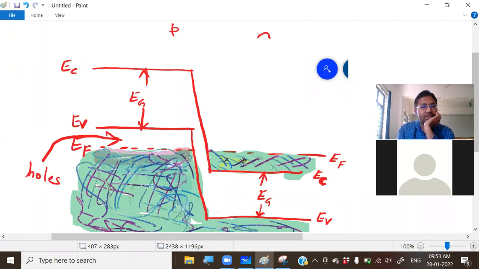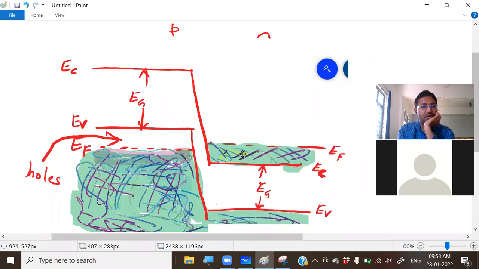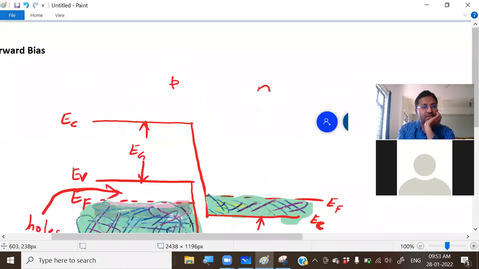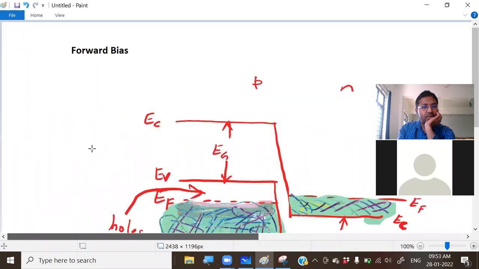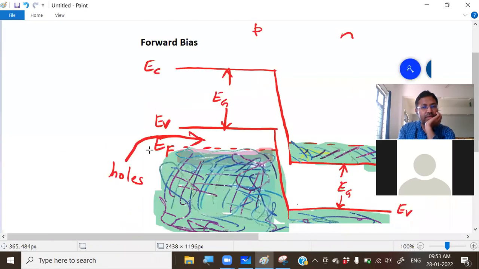Let me give some small amount of forward bias. Remember, we are now dealing with the case when the tunnel diode is forward biased.